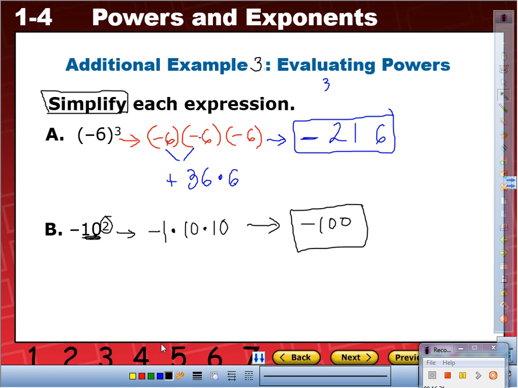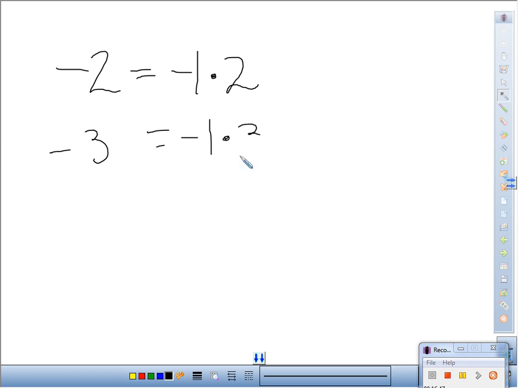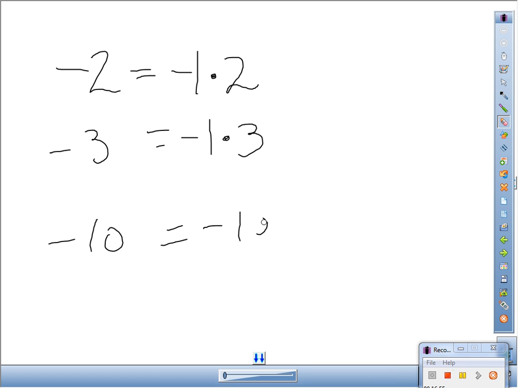Yes. Okay, here it goes again. I just explained that negative 2 is the same as negative 1 times 2. Negative 3 is the same as negative 1 times 3. So how about negative 10? What is that? Negative 1 times 10.